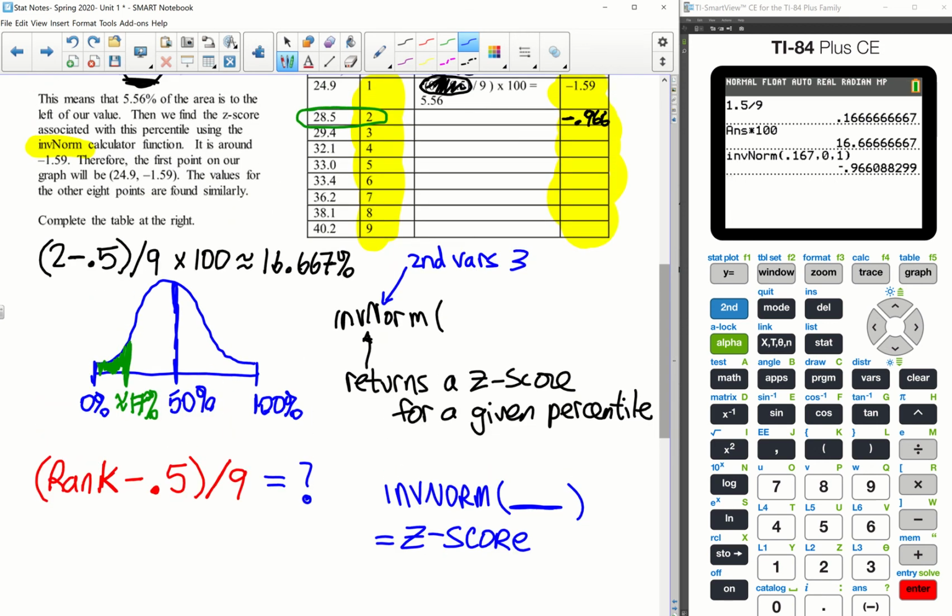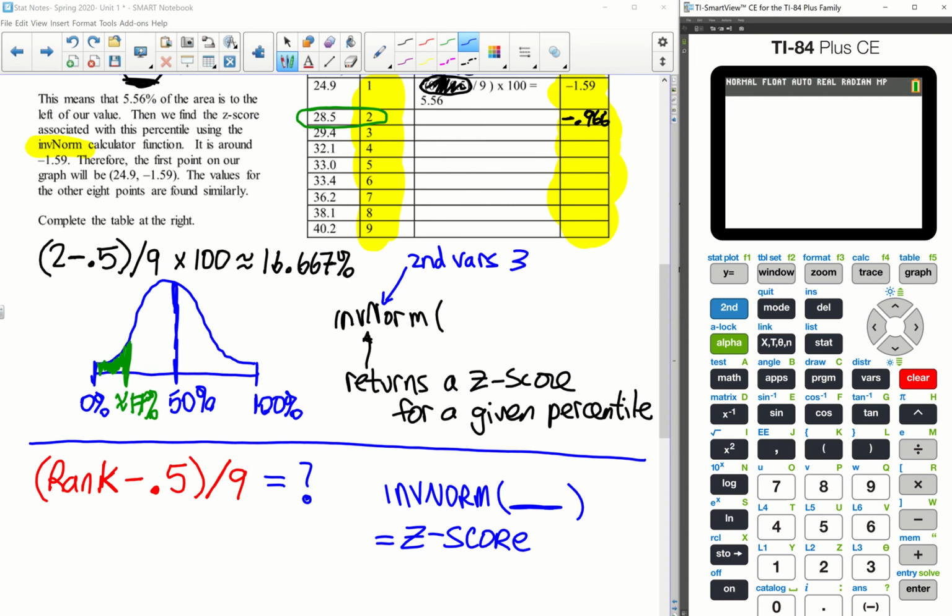So if you want to streamline the process, inverse norm, so second var is option 3. Instead of computing the decimal value of the percentile rank separately, why not just do it right in here? So the next number is 3 minus 0.5. That gives me a 2.5.